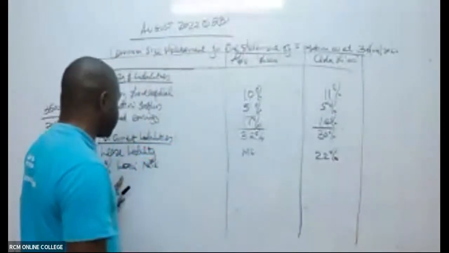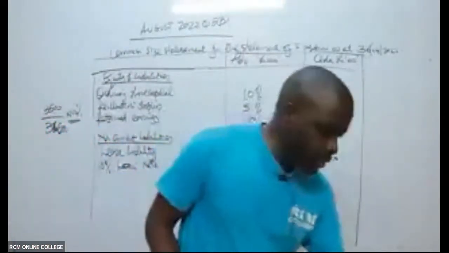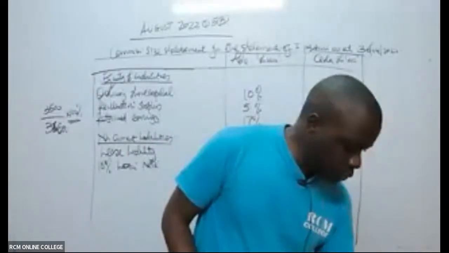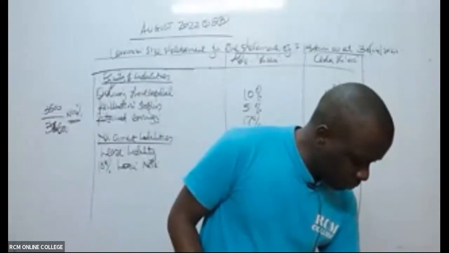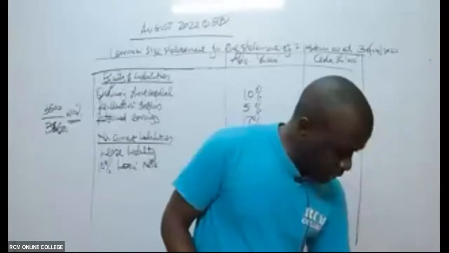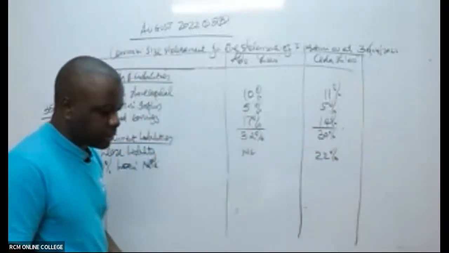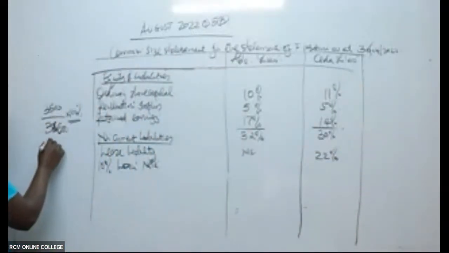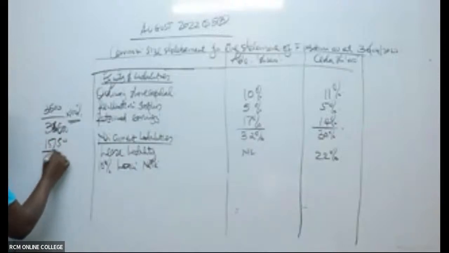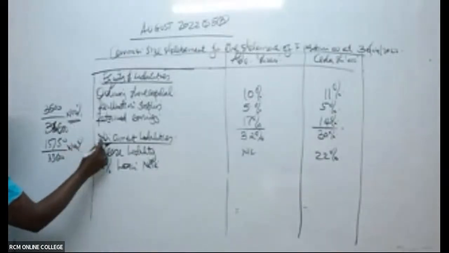What about the 10% loan note? In this case, we have 15,750,000 divided by 33,600 multiplied by 100%. So that is for Able.